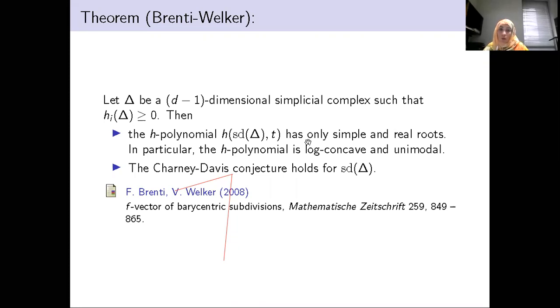So your polynomial is log-concave and unimodal as well, and hence the Charney-Davis conjecture holds for the barycentric subdivisions. This is the main motivation to study these kinds of questions for various subdivisions. One may ask for which subdivisions the h-polynomial is always real rooted. I will talk about that question later.